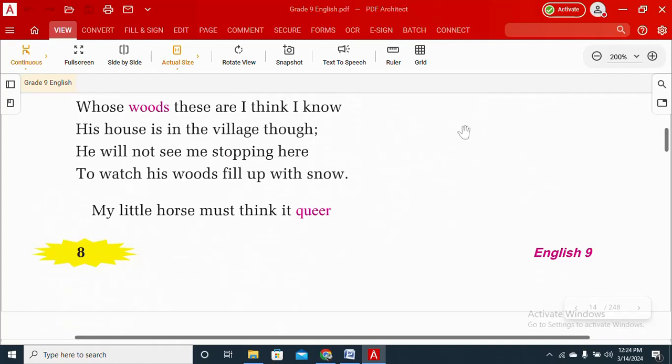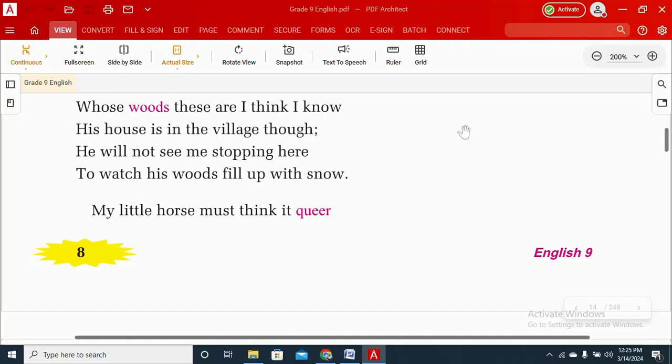The speaker realizes that he has to fulfill his many duties and responsibilities before his life finishes. Means before his death he has to finish many responsibilities and duties in his life.